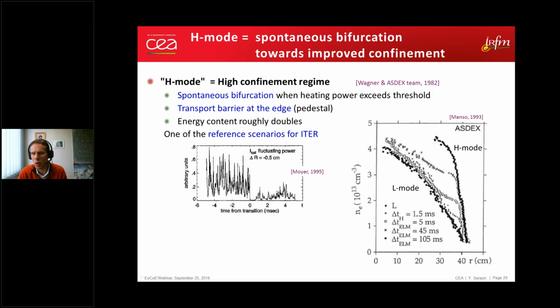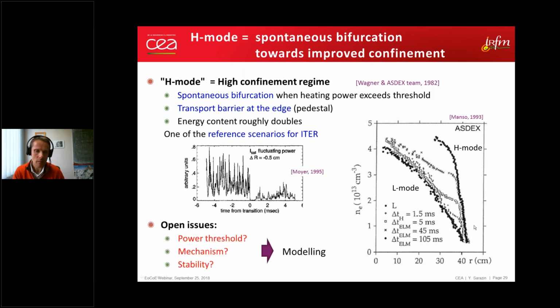This corresponds to a steepening of the pressure profile that you can see here: a small gradient in the L mode regime and a very large gradient in the H mode regime, close to the separatrix.